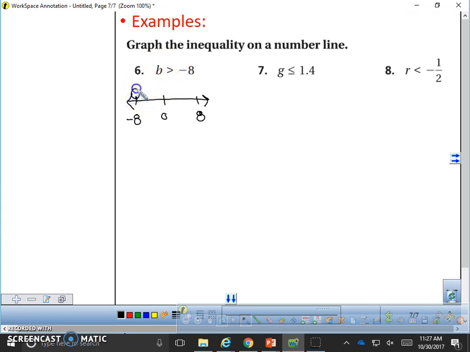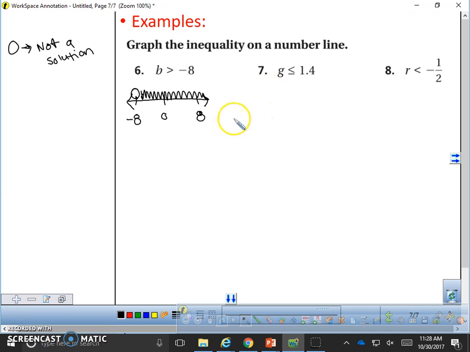We're going to put a circle at -8, and we are going to shade to the right. All of these are solutions. We are not going to shade into the circle because b cannot be -8. So, open circle, not a solution.